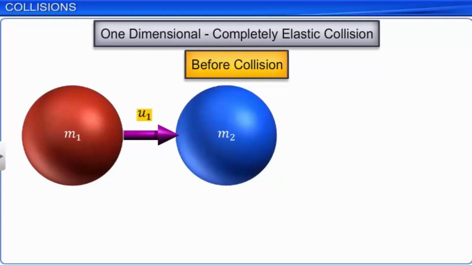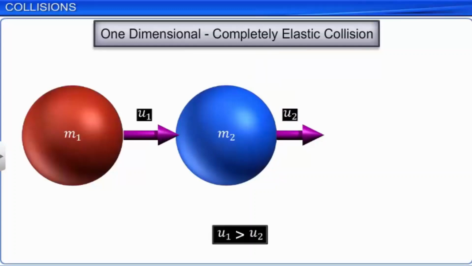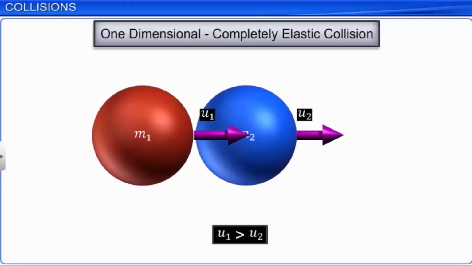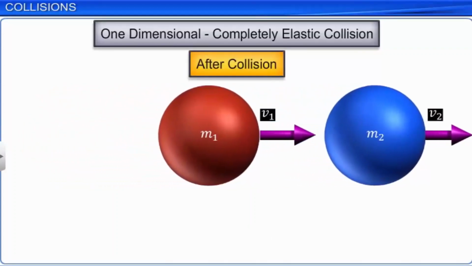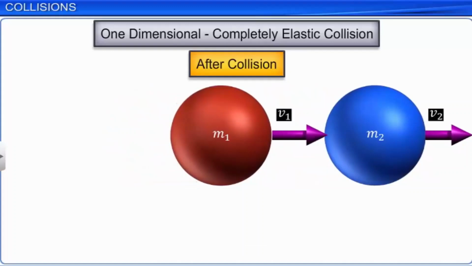The mass of the second body is m2 and is also moving towards the right with velocity u2, such that the two bodies are moving along the same straight line. If u1 is greater than u2, then there will be a collision between the two bodies.